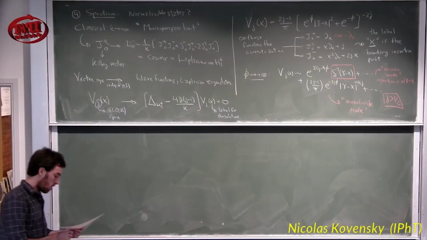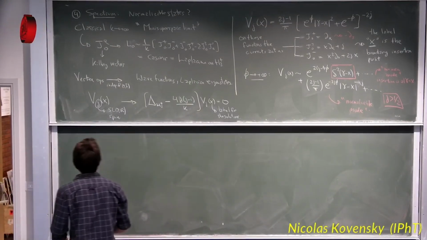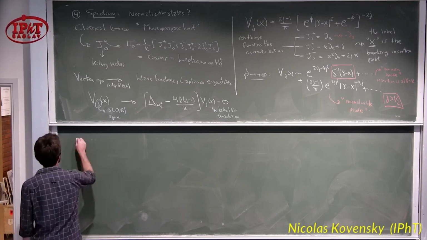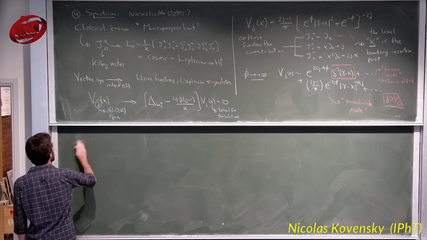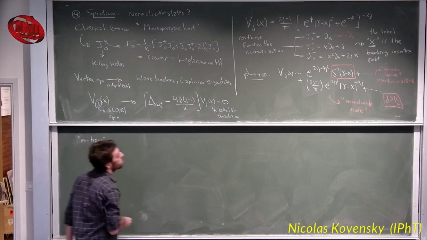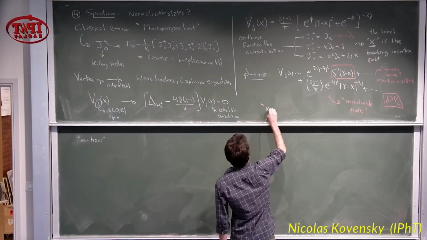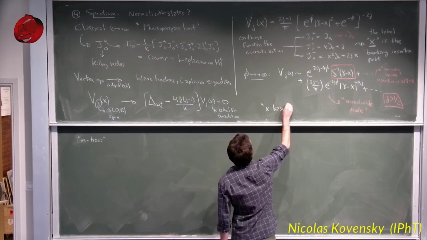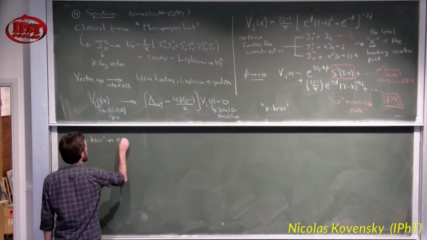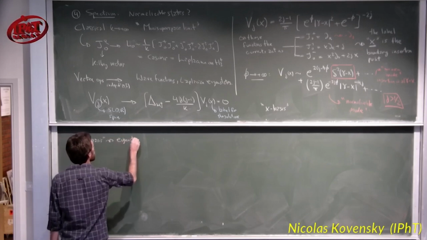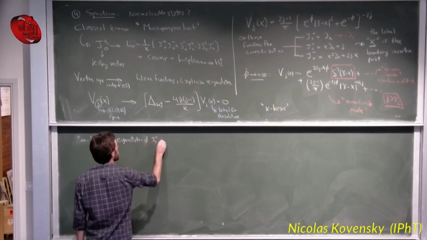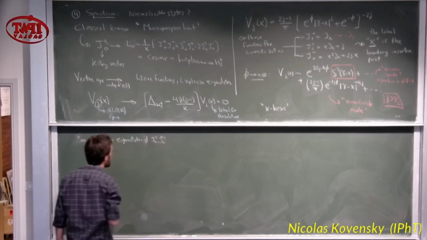And now, in order to check which ones are normalizable and which ones are not, I'm going to go to the dual basis, usually called the M basis, and this is usually called the X basis. So in the M basis, I want the basis of states which are eigenstates of J03 and J03 bar.